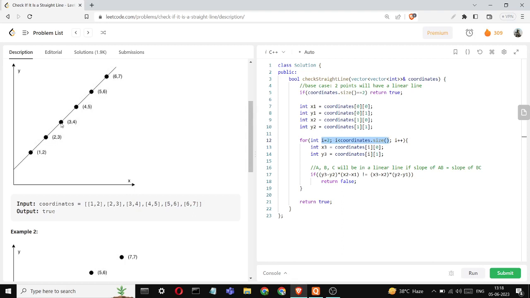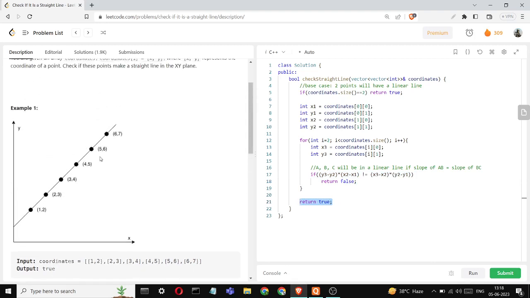On a particular point we get x3 and y3, and we apply our same formula. If this is not equal, we directly say this is not forming a linear line. And if we have checked all the points and every point is in the linear line, then we return true. So we can say it is forming a linear line.